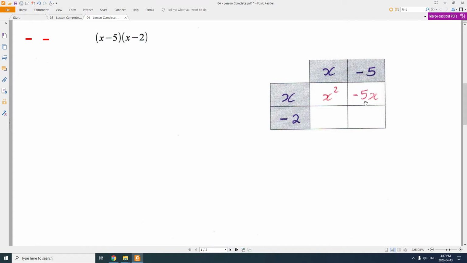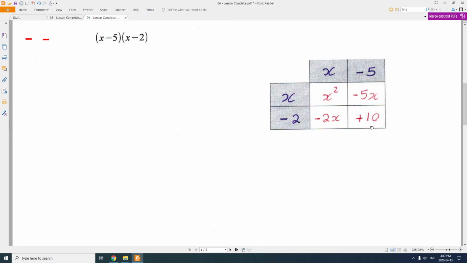Negative 5 times x, negative 5x, right? Keep the sign with it. x times negative 2, negative 2x. Negative 5 times negative 2. Negatives cancel, positive 10.